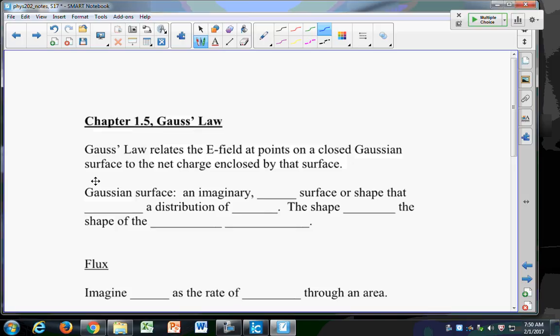Let's just redefine a Gaussian surface. It is an imaginary three-dimensional surface or shape that encloses a distribution of charge. The shape mimics the shape of the charge distribution.